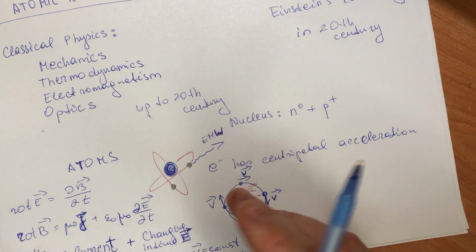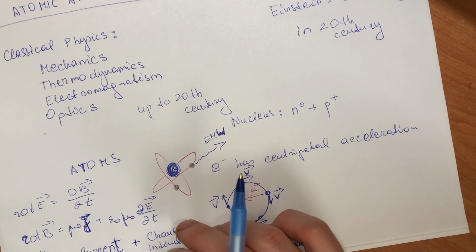And the beginning of explaining this was started by Einstein. Einstein is famous for relativity. Relativity is a bit different thing, but he started this way for quantum mechanics.